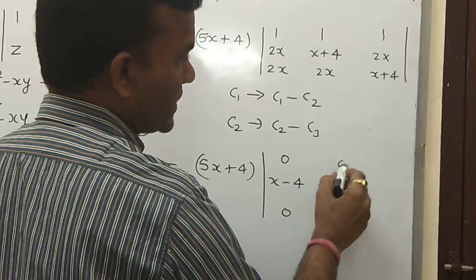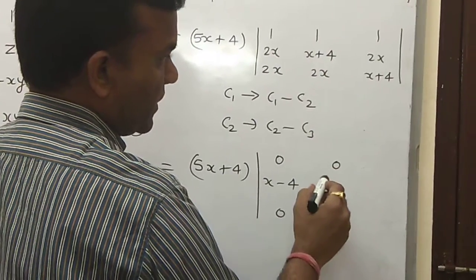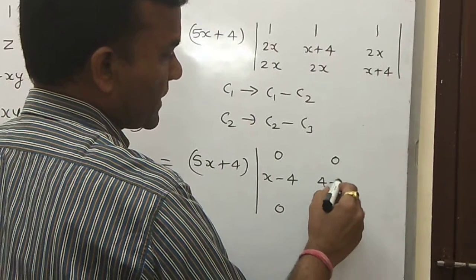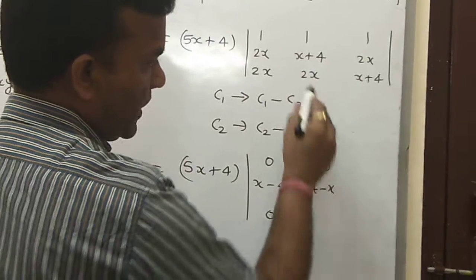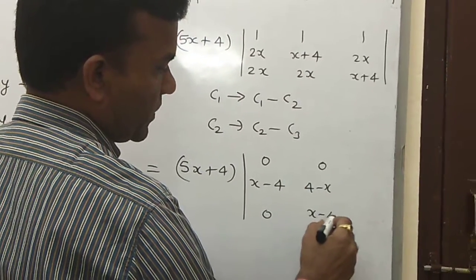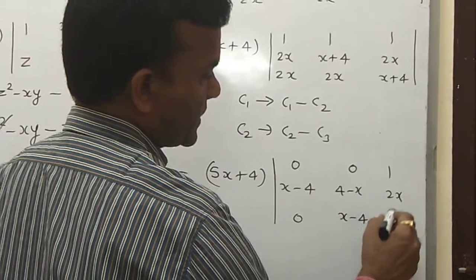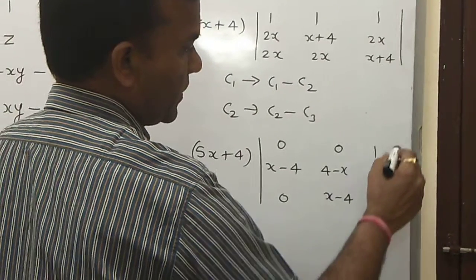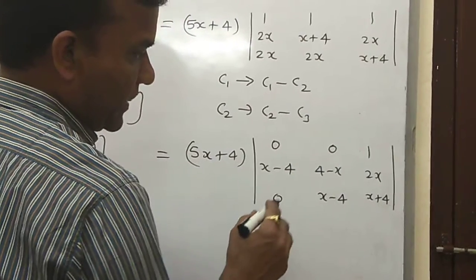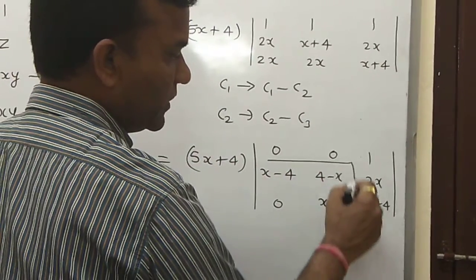Similarly 1 minus 1 is 0, and here you have 4 minus x, and now again you have x minus 4, and the rest of the terms, 1, 2x and x plus 4, you put as it is. Then again you have a pair of 0.